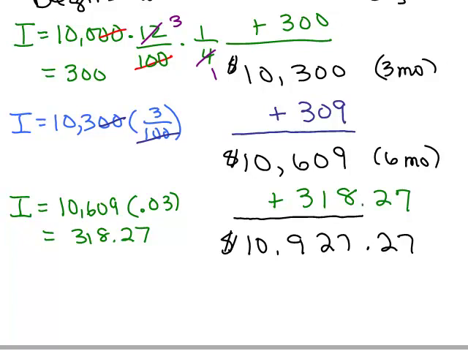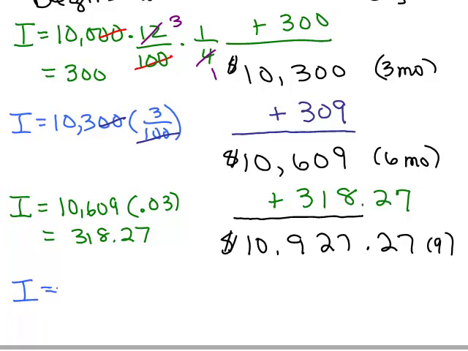Okay, so I'm running out of room to put 9 months. I'm just going to put the number 9 so you can see it. One more calculation and we'll have up to a year. You can see why you wouldn't want to do this daily for a year. Well, I don't know how many pages you would take.